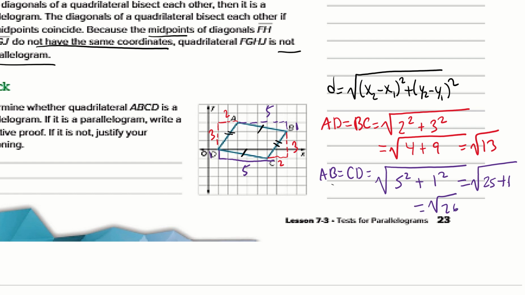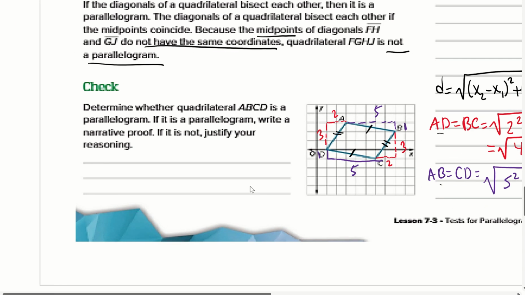So we can see AB is the same as CD, and AD is the same as BC. You don't have to calculate this in order to say that it's a parallelogram because we know the sides, but I do want you to practice using the distance formula just in case they ask you for the distance.